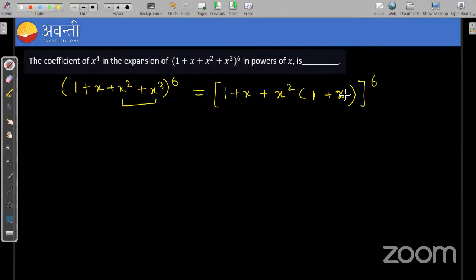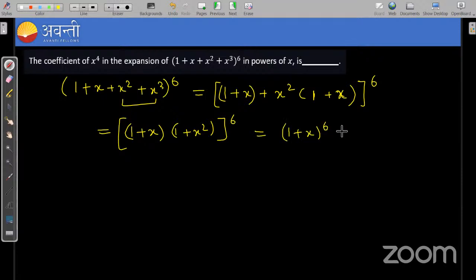Now if you take 1 + x as common, you will be having (1 + x²) whole to the power 6. Now we can individually write (1 + x) to the power 6 into (1 + x²) whole to the power 6.